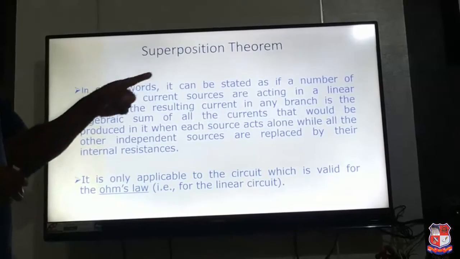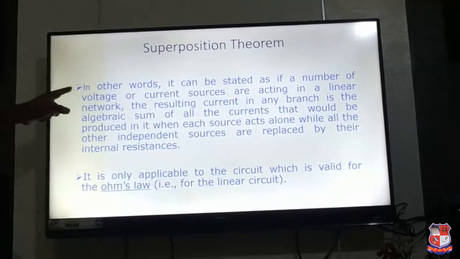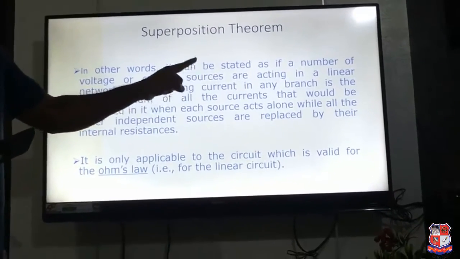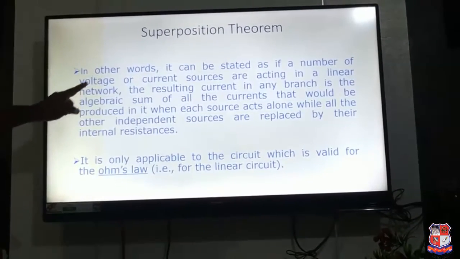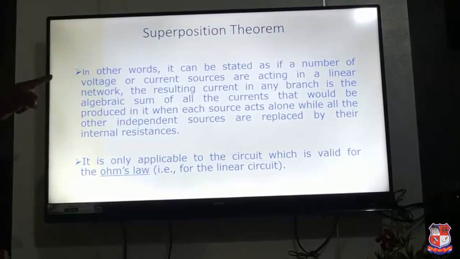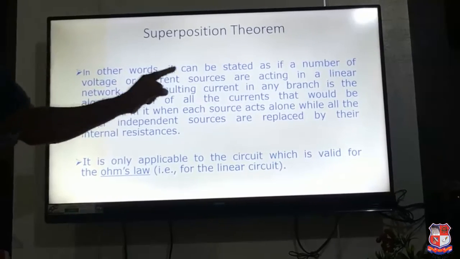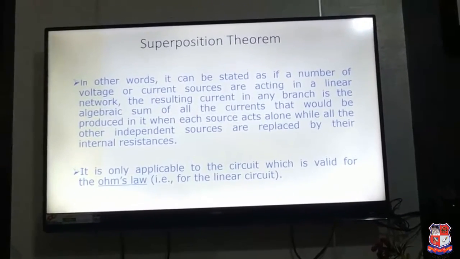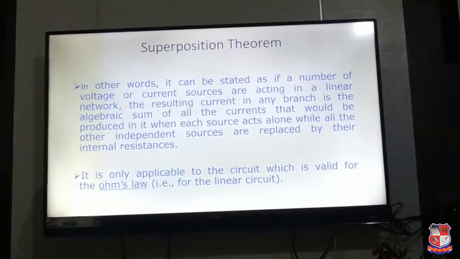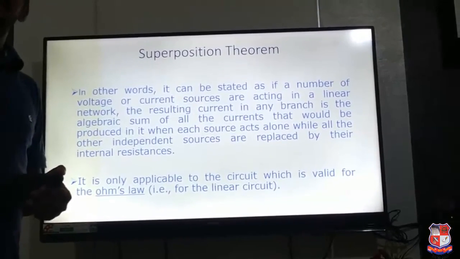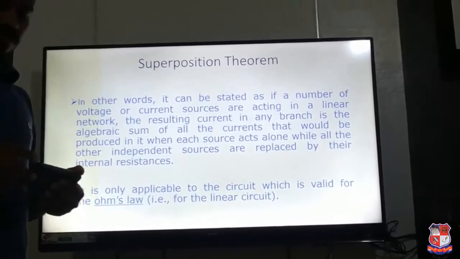If a number of voltage or current sources are acting in a linear network, the resulting current in any branch is the algebraic sum of all the currents that would be produced in it when each source acts alone, while the other independent sources are replaced by their internal resistance, and it is only applicable to linear active bilateral networks. Okay, thank you.